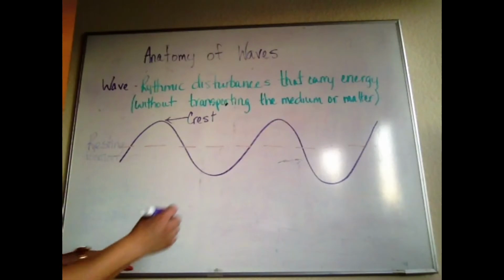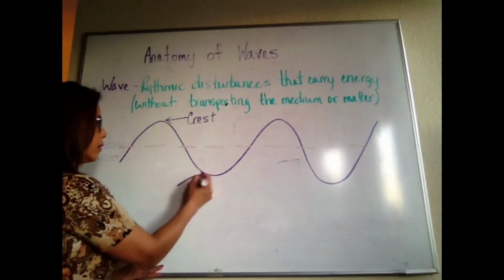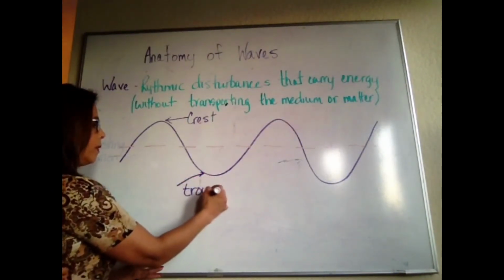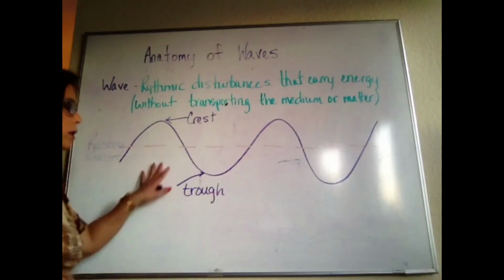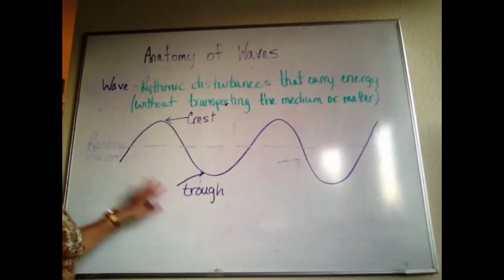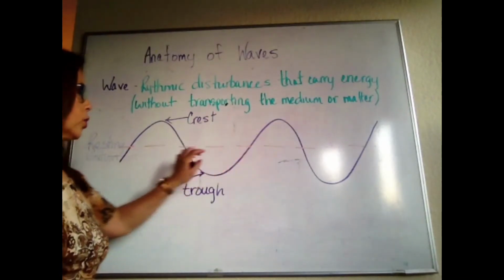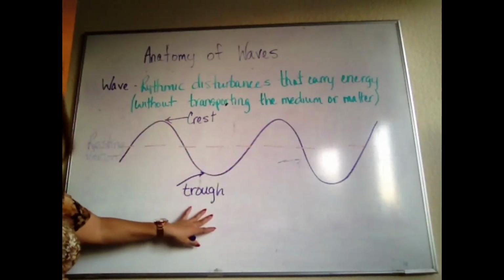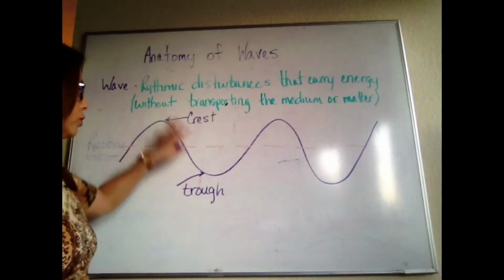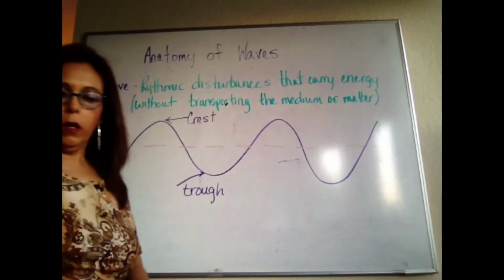We also have the lowest part, which is known as the trough. So that is the lowest point at which the wave carries the energy. So if we were to think this is water, this is the part we see on top, this is what happens on the bottom, above the surface of the water and the bottom of the water.